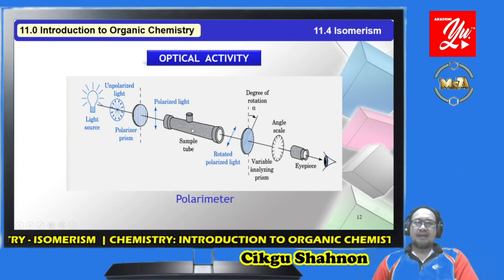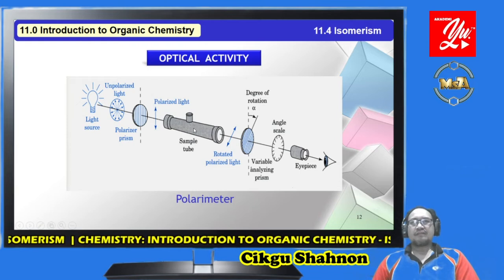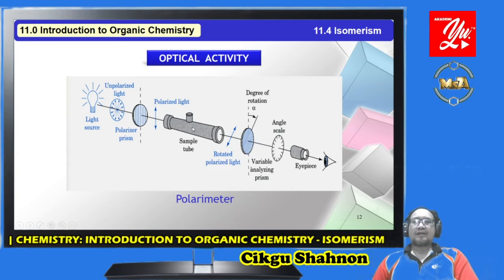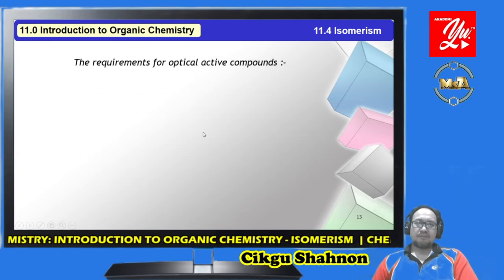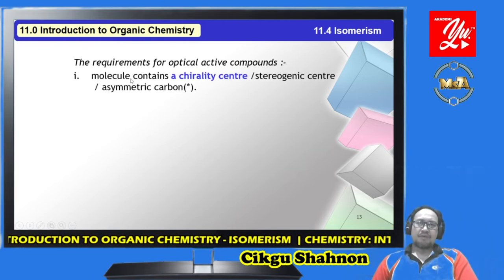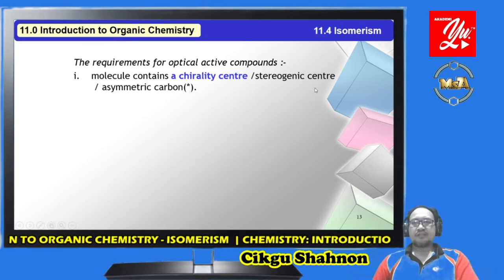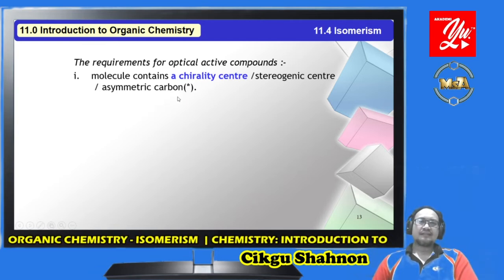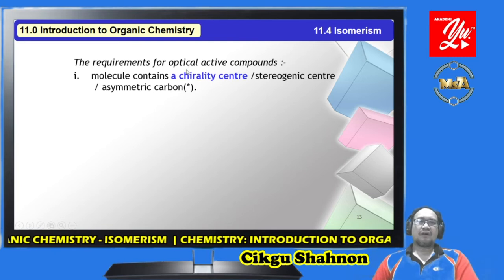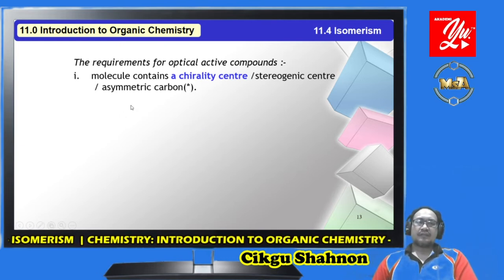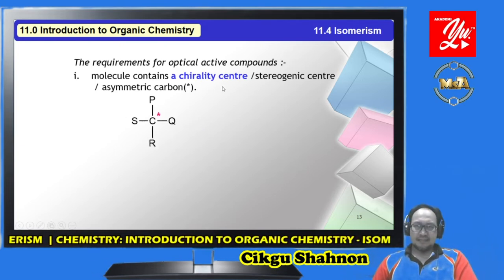And for an optically active compound, of course, there are requirements. Let's look at the requirements. Number one, the molecule contains a chirality center, or stereogenic center, or asymmetric carbon. This is the first requirement. Not all compounds can rotate plane polarized light. What is a chirality center?